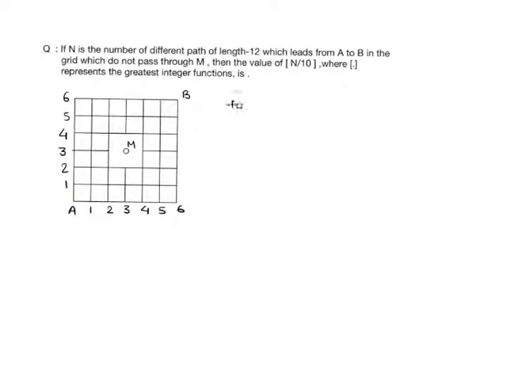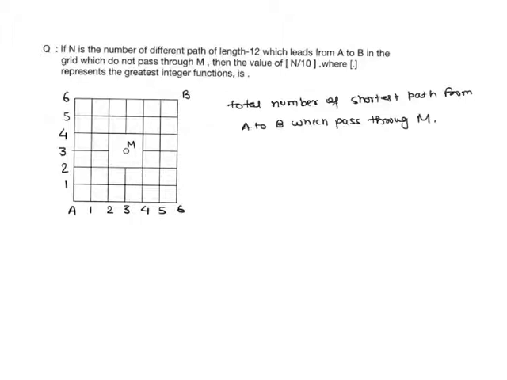Next is the total number of shortest paths from A to B which pass through capital M. So we'll join these two.